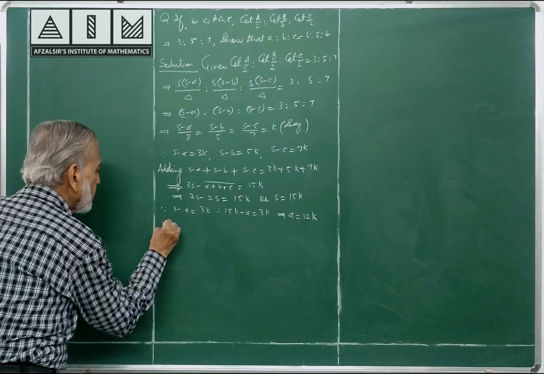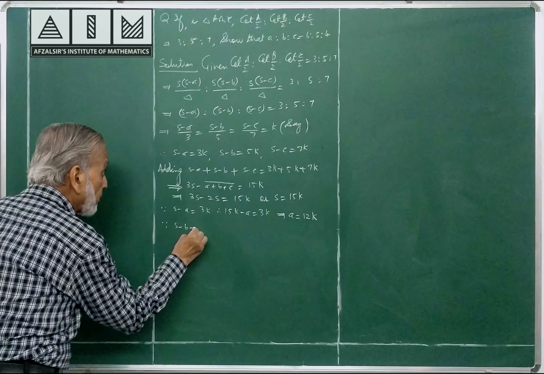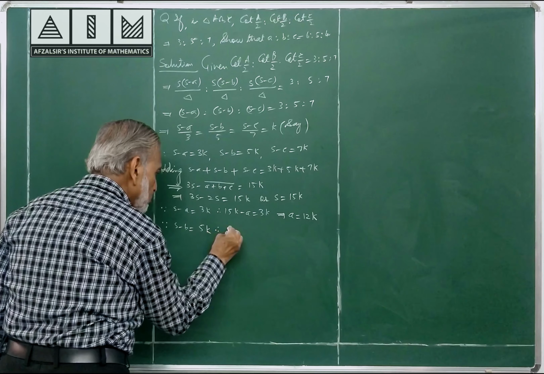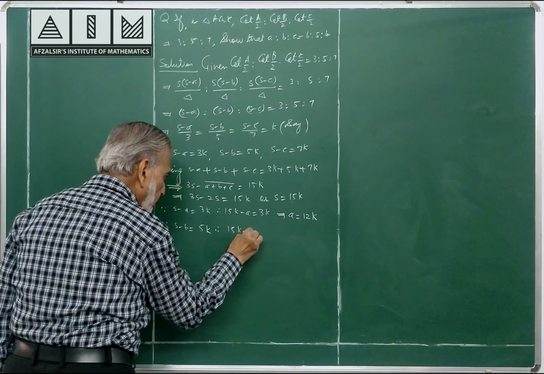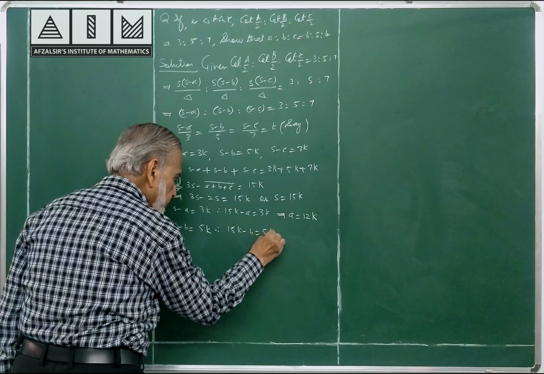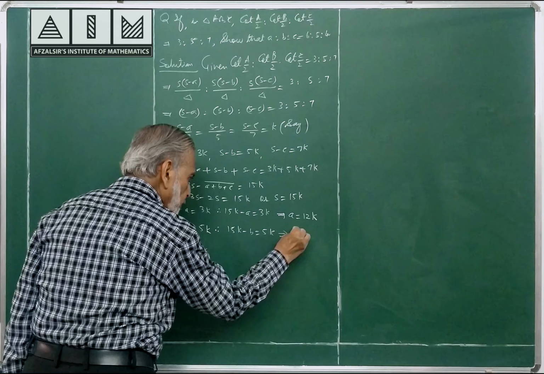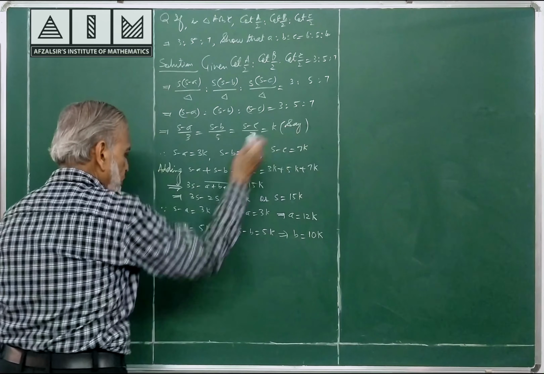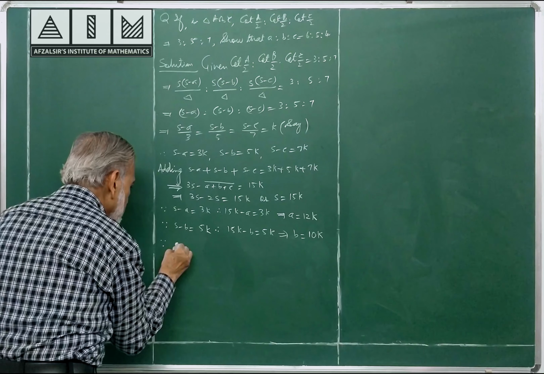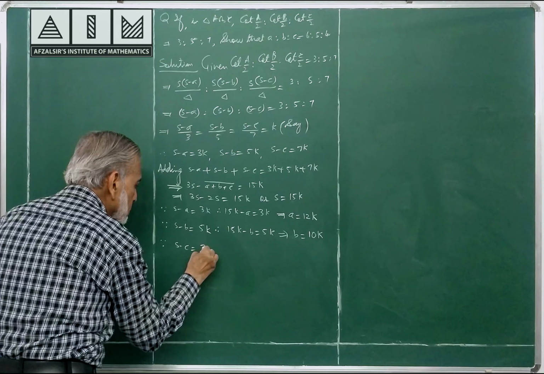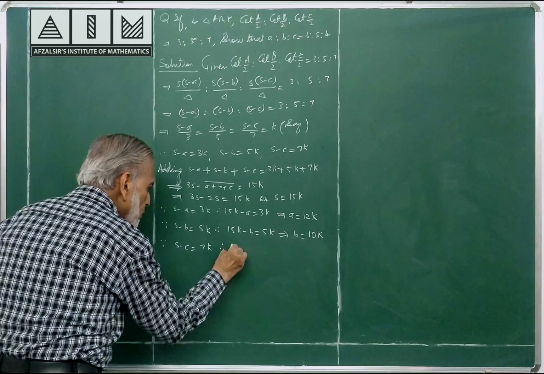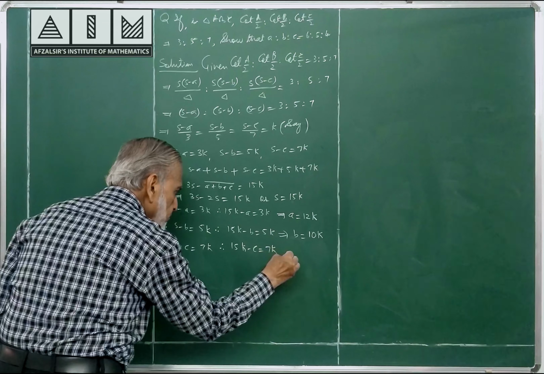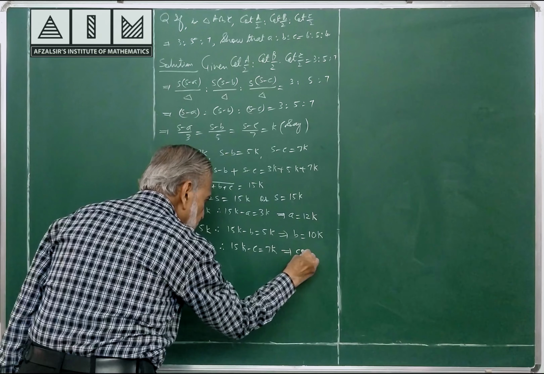Next, S minus B is equal to 5K. S is 15K minus B is equal to 5K. This will give you B is equal to 10K. And lastly, S minus C. 15K minus C is equal to 7K. That means C is equal to 8K.